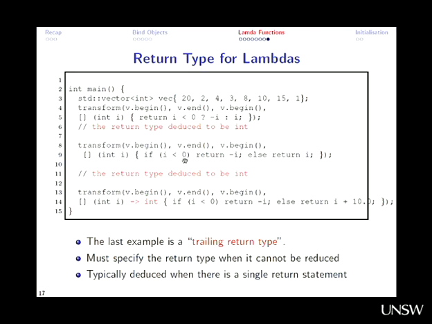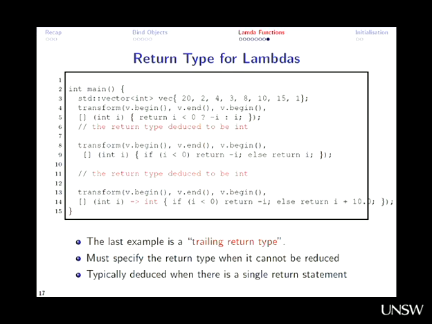For this one, it's the same thing. Regardless of what syntax you use there, the two absolute value lambda functions return an int. We can explicitly say it's going to return an int, by writing the square brackets, the parameter list, this arrow, and then int.